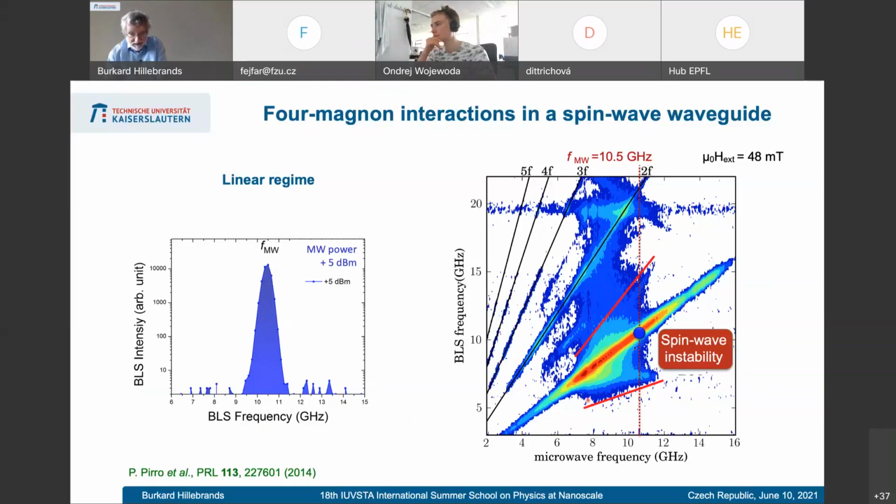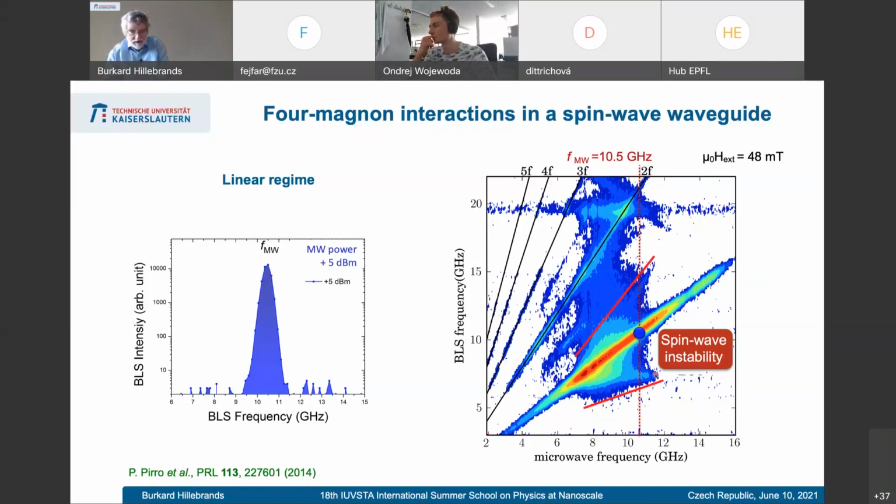That is the data actually measured with a very high contrast. If we change the microwave frequency, the BLS frequency changes 1 to 1. If we excite at 10.5 gigahertz, we get a large Brillouin light scattering signal at 10.5 gigahertz.